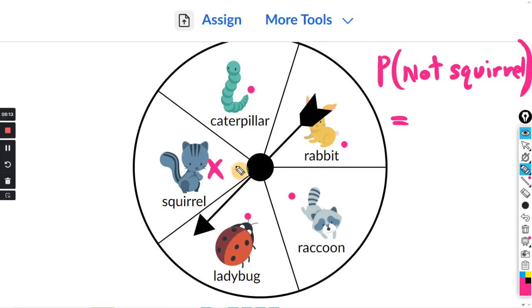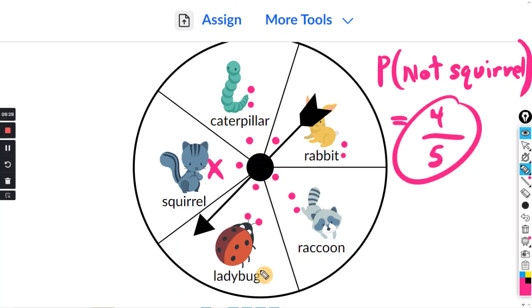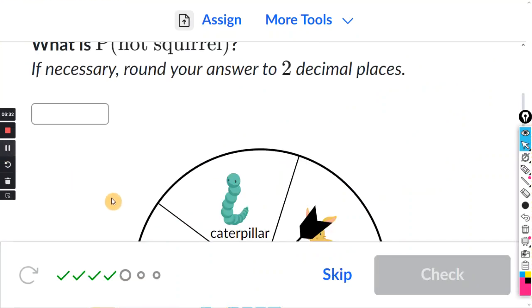Don't count that. 1, 2, 3, 4. And how many total? 1, 2, 3, 4, 5. There's 5 possibilities. That's it right there. All right, so 4/5. In the box, 4/5.